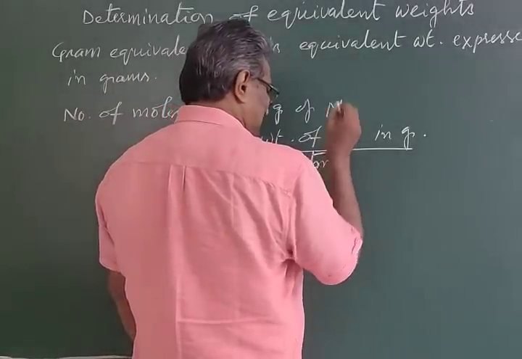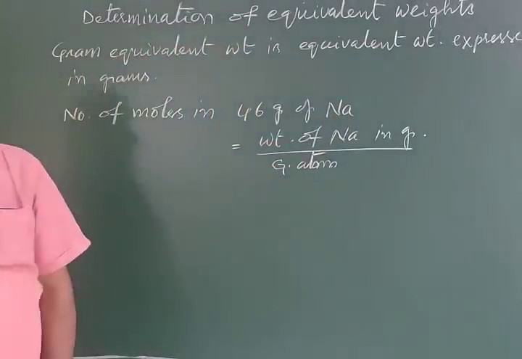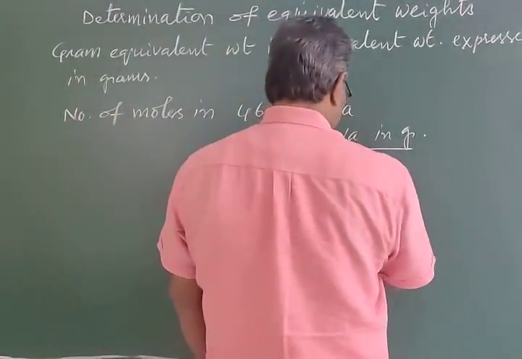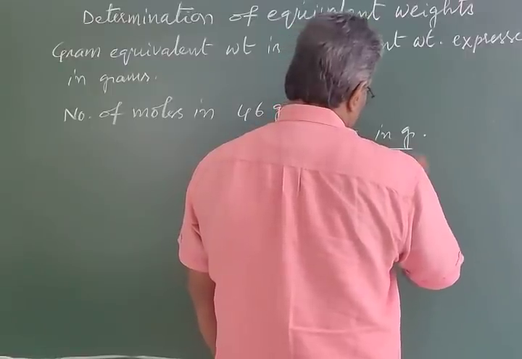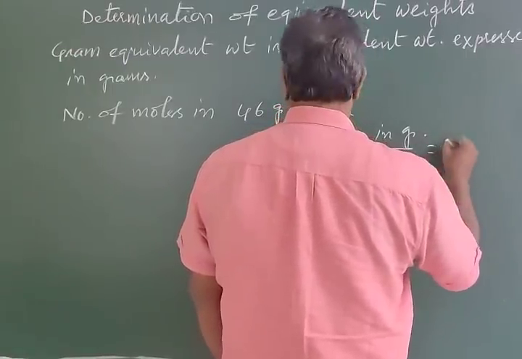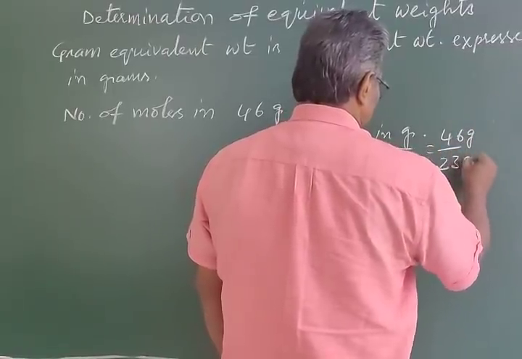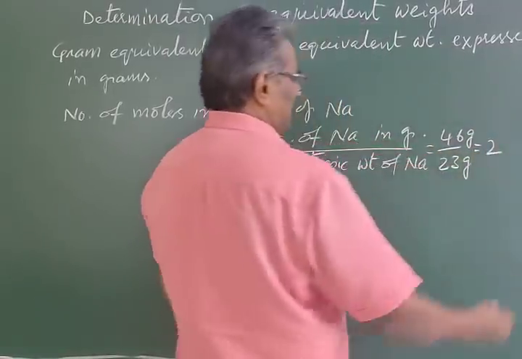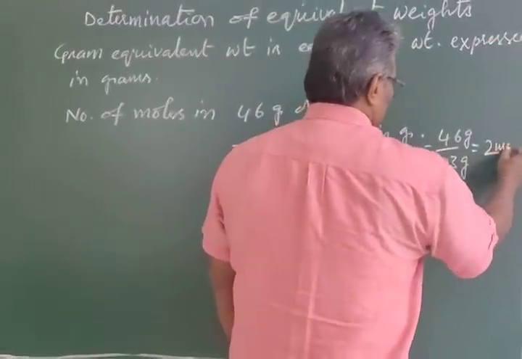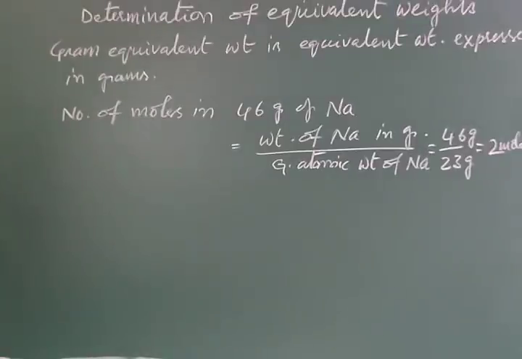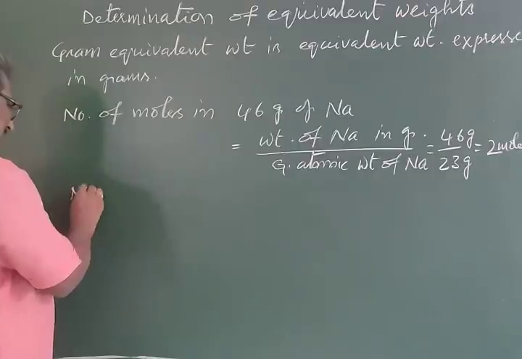Sodium is an element. It has no molecules, because of that we consider gram atomic weight. That is 46 grams divided by 23 grams, that is 2 moles. How many moles are there in 46 grams of sodium? 2 moles.